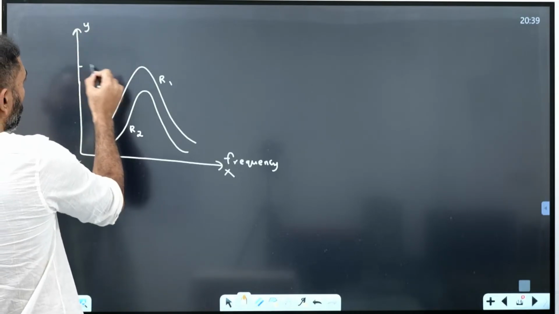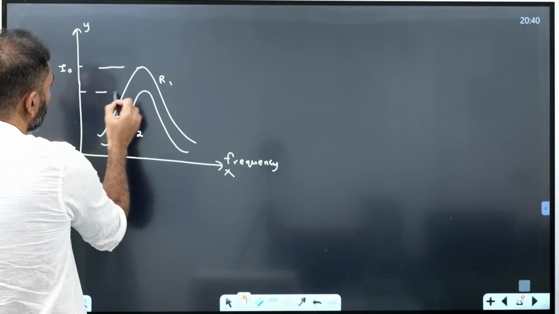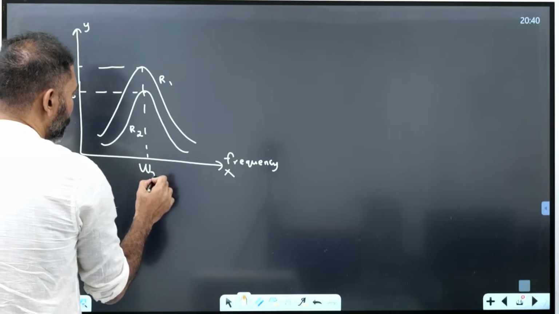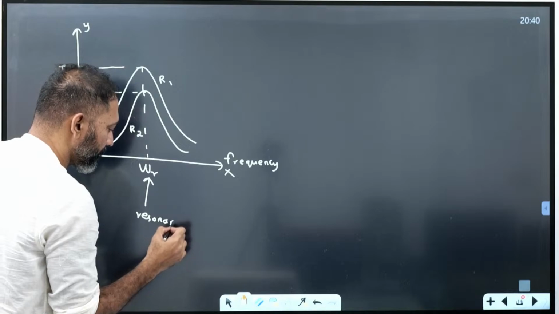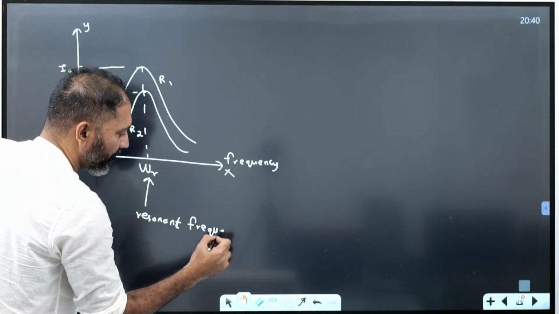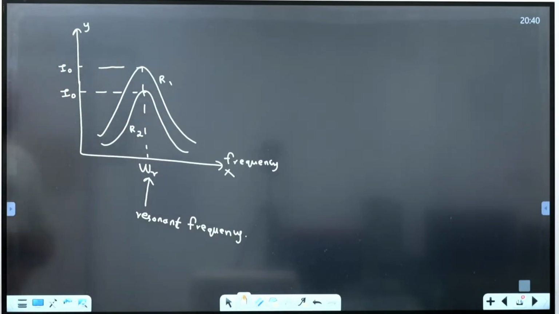This is I0 at the first case. This is I0 at the second case. This stands for omega suffix R. This stands for resonant frequency.